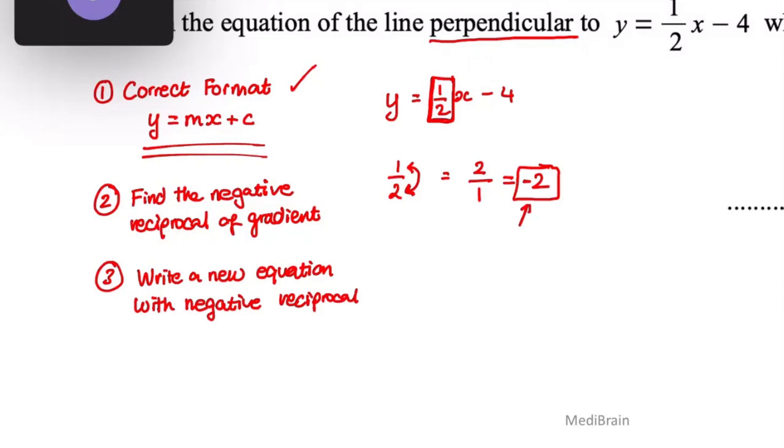We know that this is the new gradient. So we're going to have y equals minus 2x plus c. Remember the c is just the y-intercept. All we've done is put in the gradient which we've just worked out, which is minus 2.